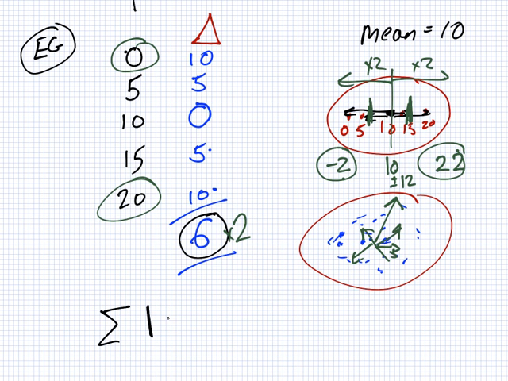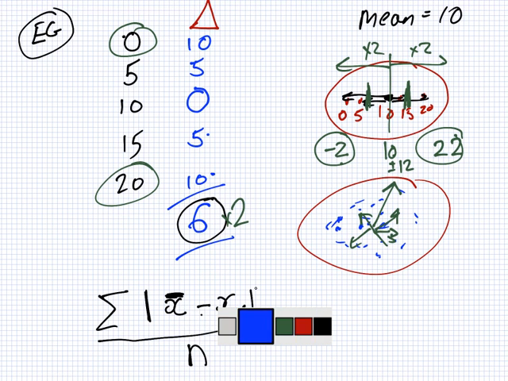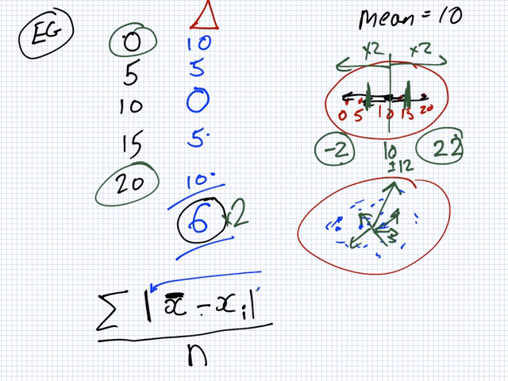The formula is the average, which I'll use a little bar to mean average, so in this case that's 6, minus each data point, so in this case 0, 5, 10, 15 and 20. Add them all up and then divide by, in this case, 5. That's the formula we used, and that's fine, but the problem in maths is we don't like formulas that have this in it. Have we talked about this vertical? Absolute, yeah. We don't like it.